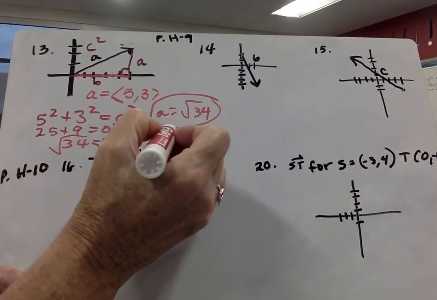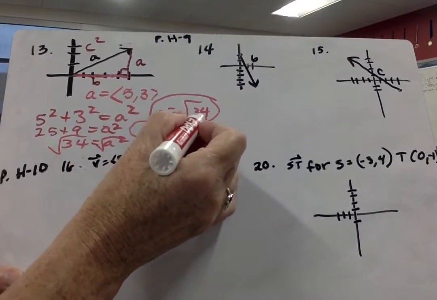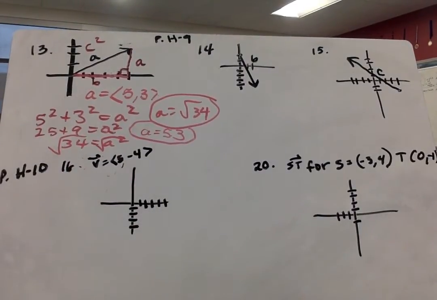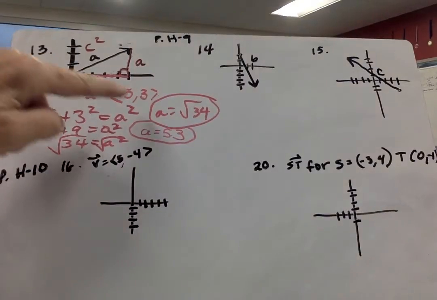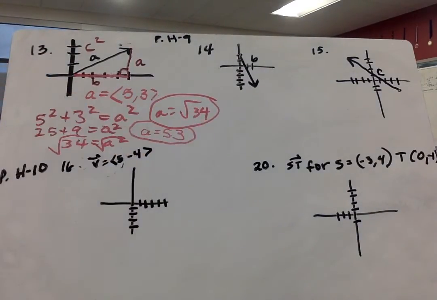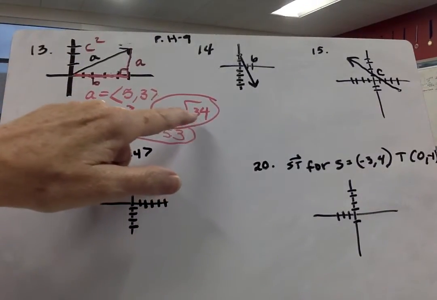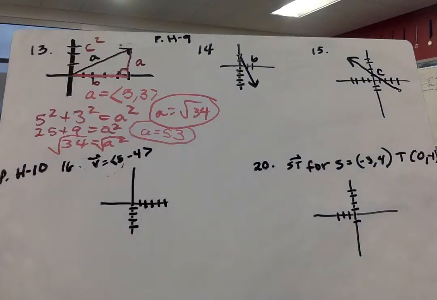A equals 5.8. 34, to simplify that in square root form, and there is your magnitude. So again, component form, magnitude or length is that or that, okay? If this had a factor of 4 or 9 or 16, I would break it down, but it doesn't, so I continue on.